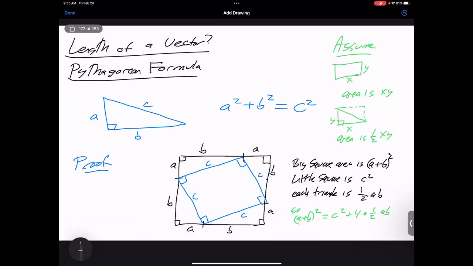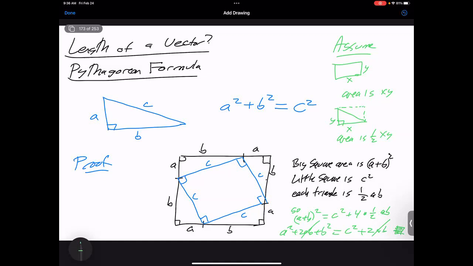I've just calculated the area two different ways. This is one of the big things we do in mathematics. We calculate some quantity two different ways. Well, if I square out A plus B squared, I get A squared plus 2AB plus B squared is C squared plus 2AB. I cancel the 2ABs, and there's the Pythagorean formula.